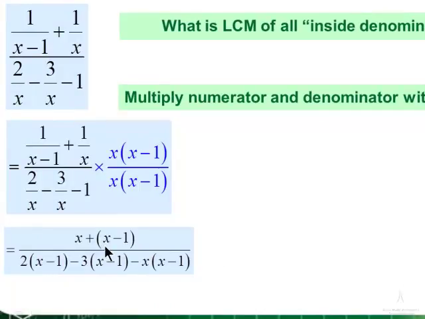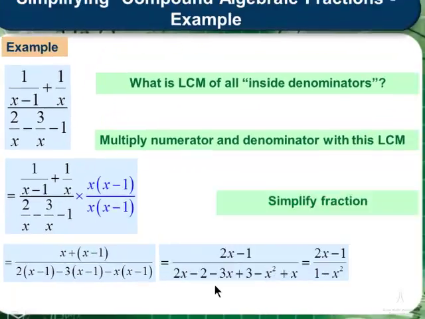And we can simplify this exactly as we did before for such cases. Consolidating the numerator in this case and the denominator, we see that we can simplify if we expand in the denominator position and collect like terms. We have the algebraic expression 2x minus 1 divided by 1 minus x squared, finally, as a simplification of the original compound algebraic expression.